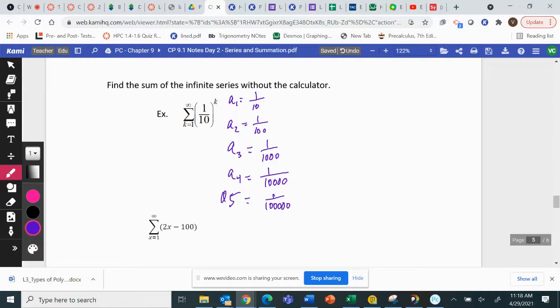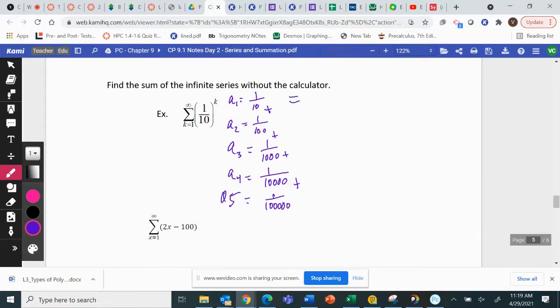I see a pattern. But I'm not quite sure because I don't really want to find a common denominator right now. Do you have an idea? Yeah, it's 0.1 repeating. Where are you getting that from? Are you turning it into decimals in your head? Yeah. That's what I was going to do too. That's why I want to know how you got it.